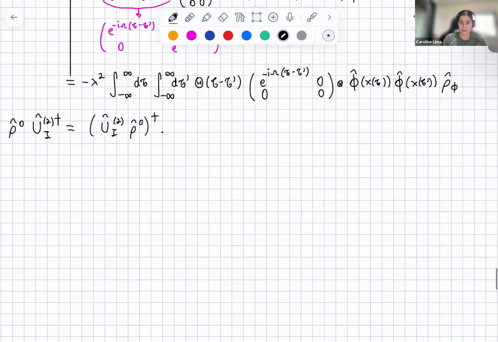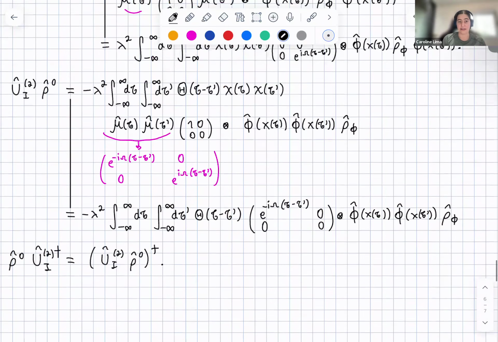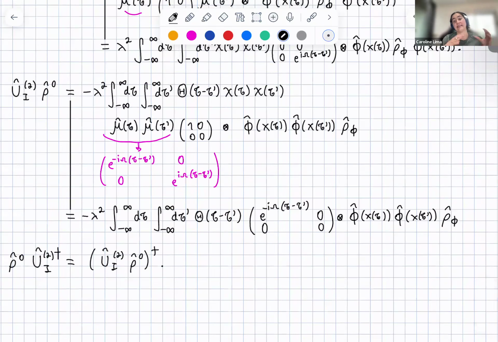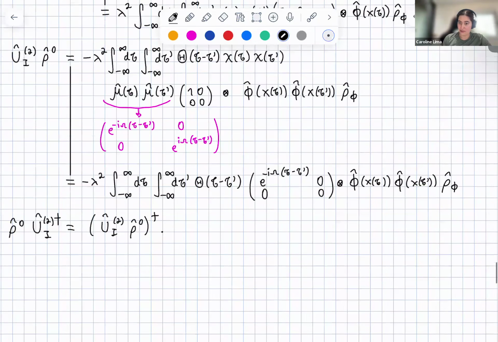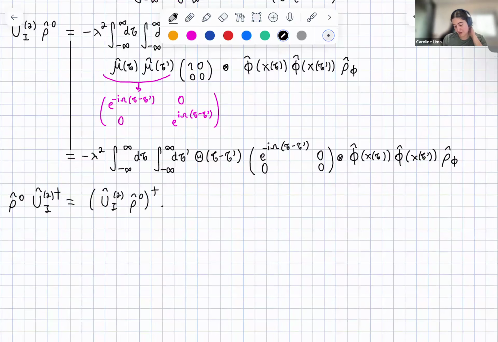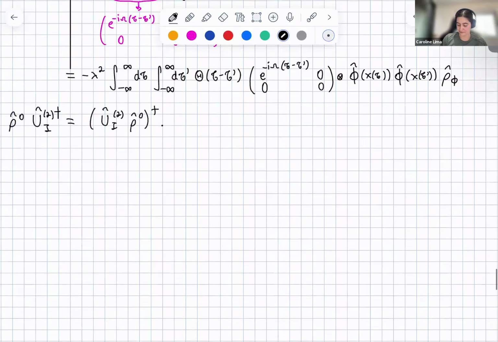All right, so now we want to compute the second order contribution to the detector's final state. To do that, I think I will move to another page because it's kind of long. So hopefully you guys have copied until now. And also if you have questions, let me know.